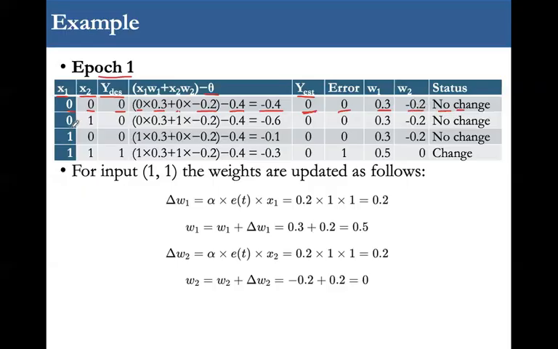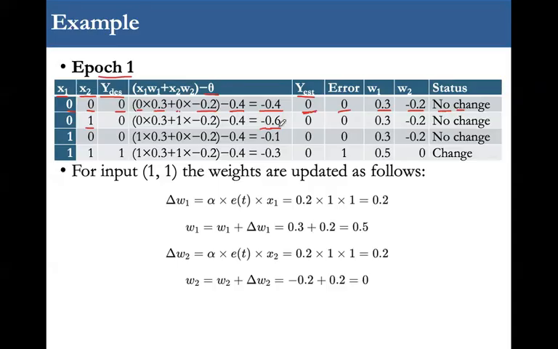Similarly, we do for x1 equal to 0, x2 equal to 1. Now we calculate and we found out that weighted sum minus threshold as minus 0.6. And now we apply the activation function.